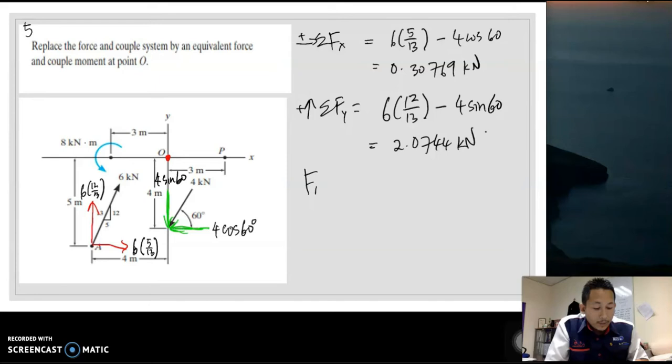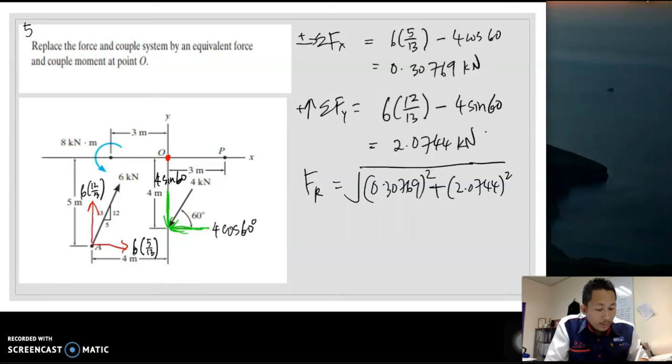So for the resultant force, we have the square root of 0.30769 squared plus 2.0744 squared. So we got our force is 2.10 kilonewton, and theta.